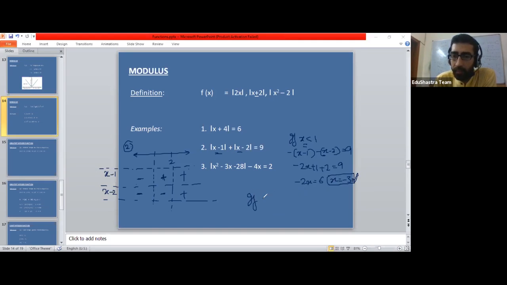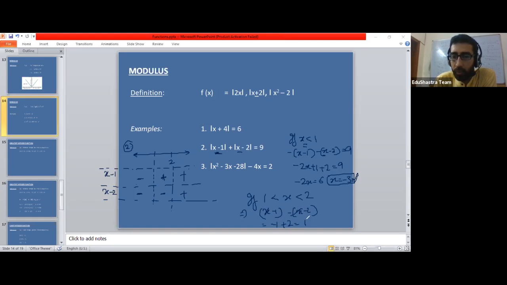The next region we have is x lies between 1 and 2, x greater than 1, less than 2. In such a scenario, when x is greater than 1, this is positive. Mod of x minus 1 becomes x minus 1. Mod of x minus 2 becomes minus of x minus 2. This comes out to be x minus 1 minus x, and minus of minus 2 is plus 2.